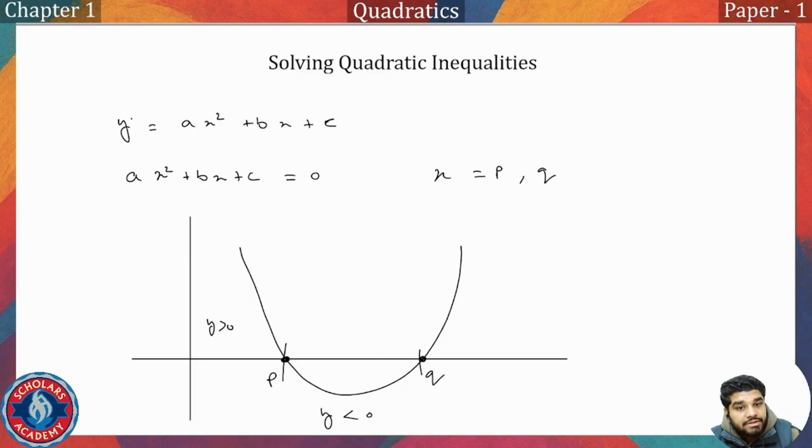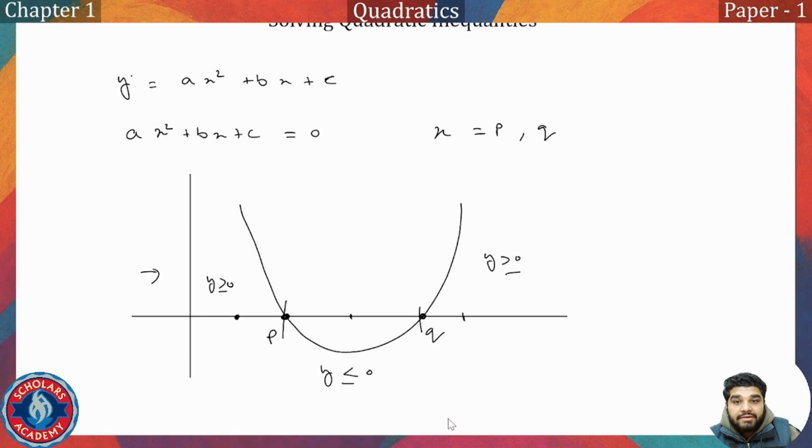And from q and forward, y is greater than 0. So this is our y, these are the values of x. When we substitute any value from the first interval, we get a positive y. If we substitute from the interval p to q, we get a negative y, and after q again positive. So these are the different intervals, and these are inequalities, right?